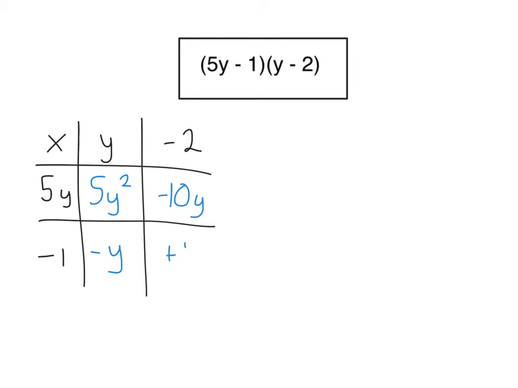So that's positive 2. Let's write them all out. 5y squared minus 10y minus y plus 2. Should notice that we're going to be collecting some terms, so I'll put squares around my y's so that I know to collect those.